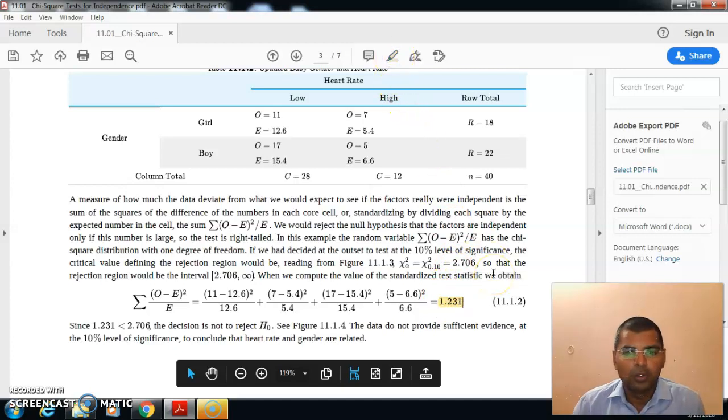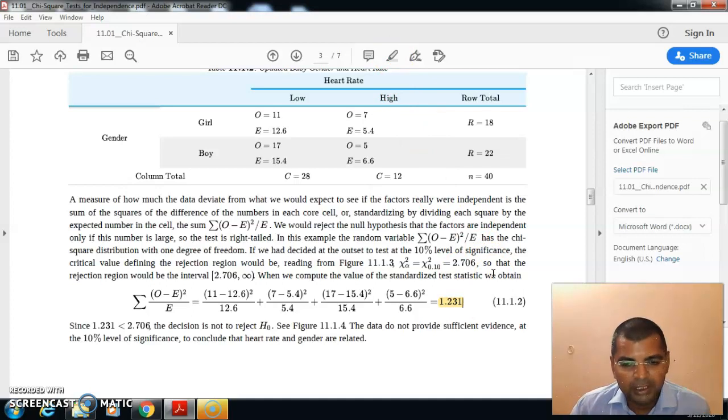Now we need to compare it with the critical value. In this case, we are evaluating our hypothesis at a 10% level of significance, which means alpha is 10%.